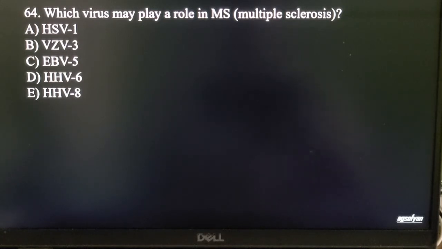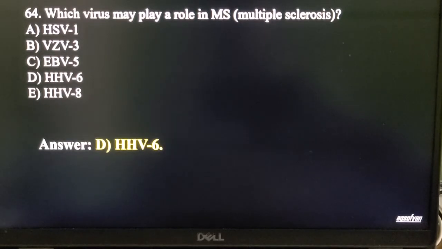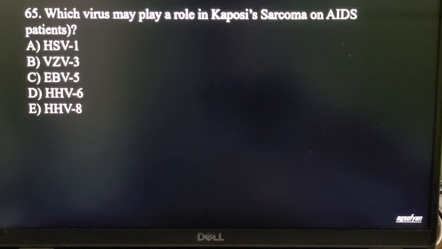Which one plays a role in triggering multiple sclerosis in humans? Choose your answer. Yes, the answer is human herpes virus number 6. This is the one that triggers MS, multiple sclerosis, one of the autoimmune diseases in humans.